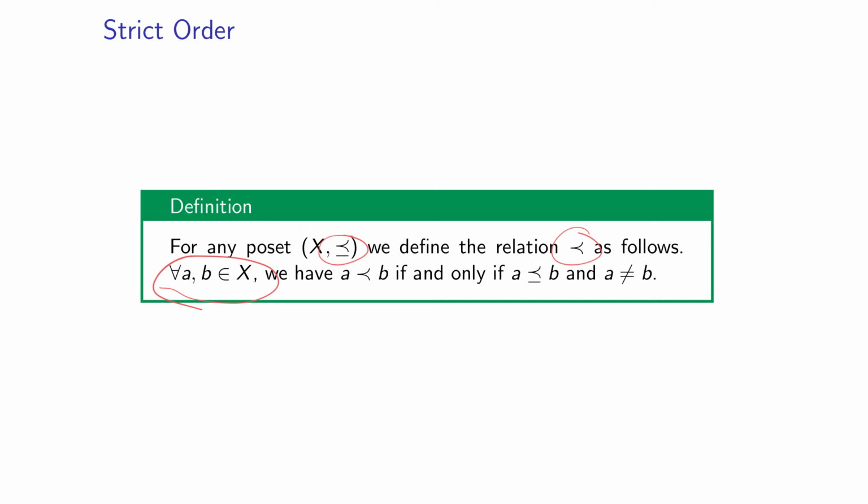For any two elements A and B, they are in the strict precedence relation if and only if they are in the weak precedence relation, which is to say preseq, and also are not equal to each other. So basically the definition of strict precedence is weak precedence together with not equality.